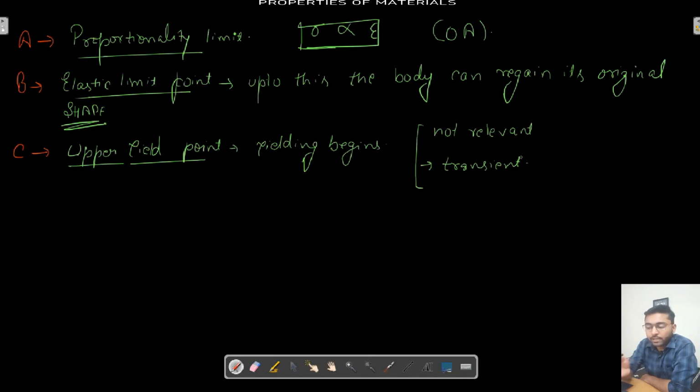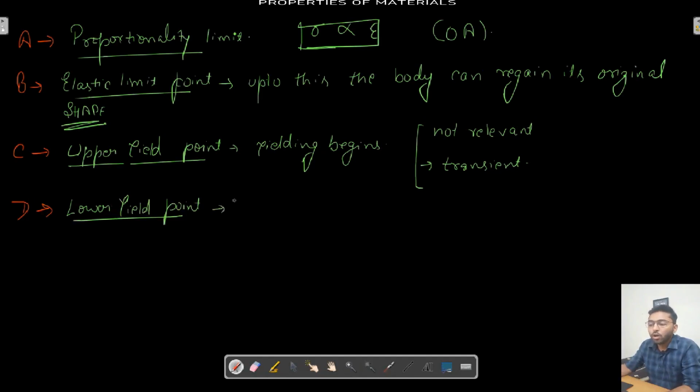Even in mild steel also, in order to determine the upper yield point, we have to do a lot of experiments, a lot of reiterations. Okay, so it is of no use. Our most important point is this lower yield point. Okay, lower yield point.